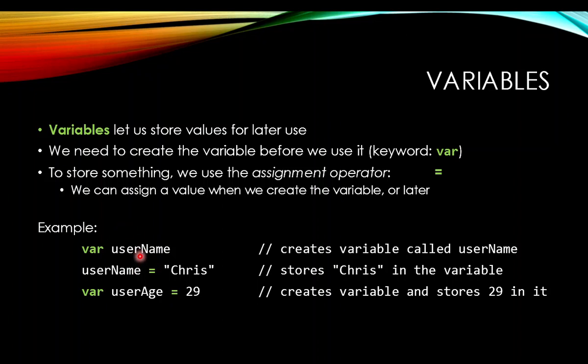In this case, later in the code, I can say userName equals, remember, is assigned to, the value Chris. So I've stored the word Chris, a text literal, in the variable called userName, and in the future I can refer to userName and get the value Chris.